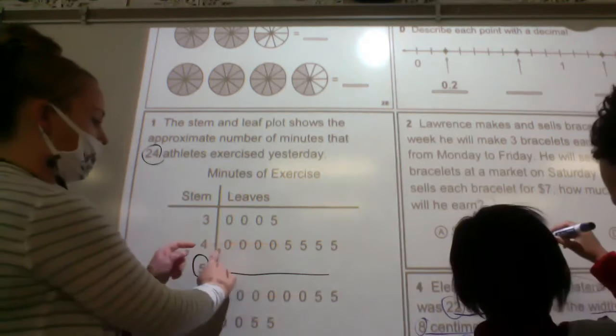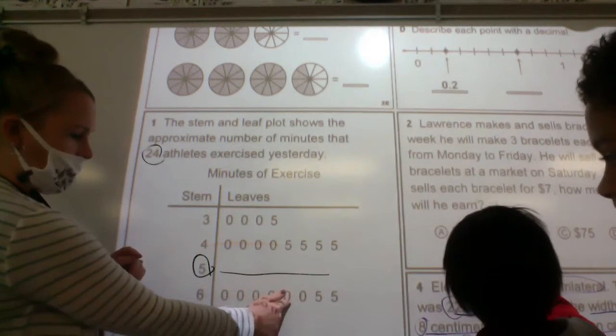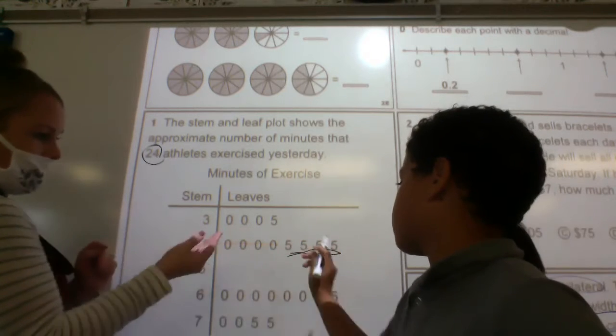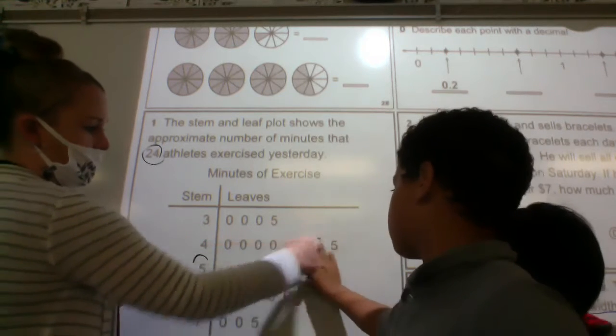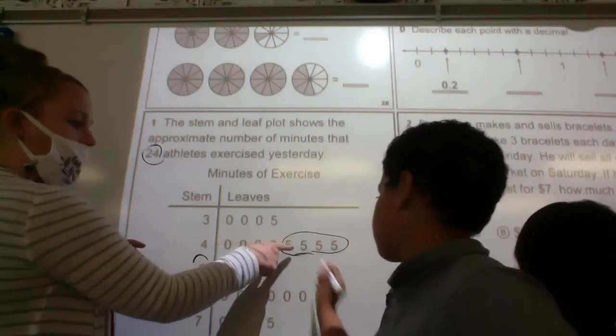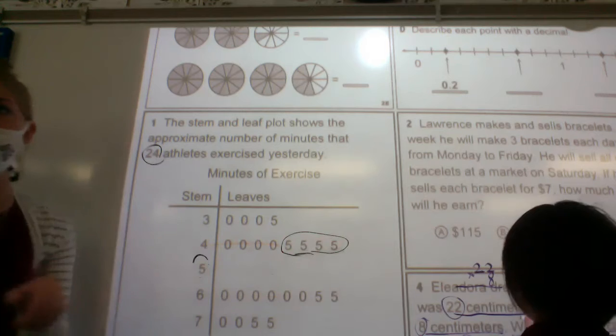So I'm not counting 40. These all represent 40 minutes. These all represent 60 minutes. So I'm not counting those. There's nothing here. So I'm only counting these. So I've got 1, 2, 3, 4. So there's 4 athletes that all exercise 45 minutes. Okay, so the answer's 4 on that.